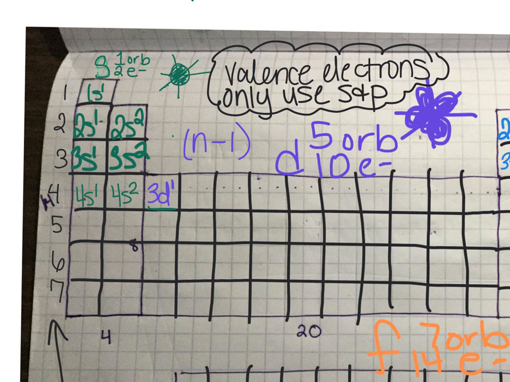There's more to it, but it's a little beyond the scope of this class. This is going to help that rule stay in place no matter what. Because we will always jump back in energy level, no matter where we go in the D or in the F. Okay? All right. So are we all clear? Valence electrons only use S and P. Can we try to remember that? Okay? I'll be asking you guys again along the way.